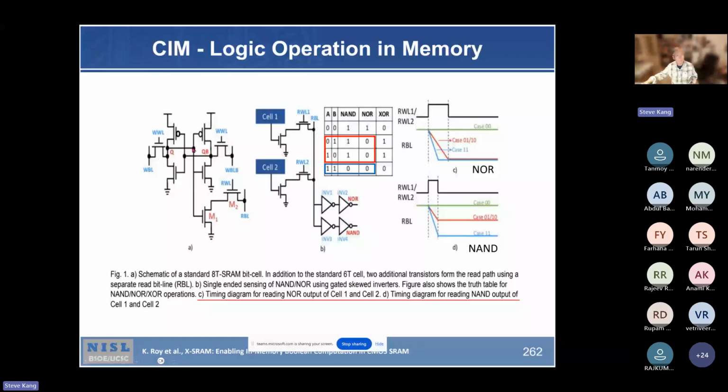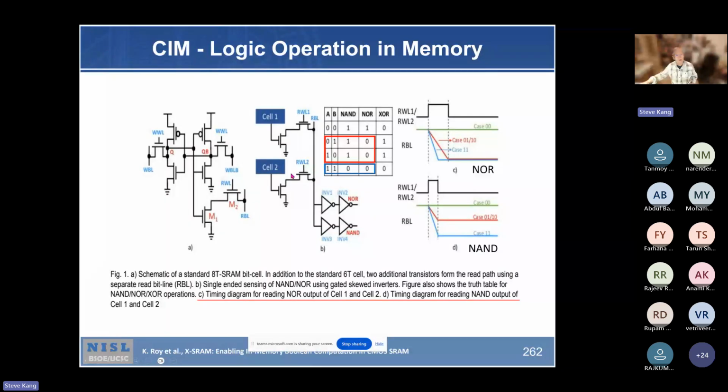You have an inverter back-to-back and the access transistors, and the bit line, bit line bar, and the word line and so on. And then these are access transistors to the external world. So this has an 8 transistor unit. Consider how you can do logic operation with the memory. You have a cell 1, which is this whole thing, and another cell 2, this whole thing repeated here.